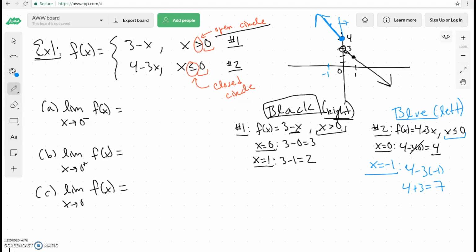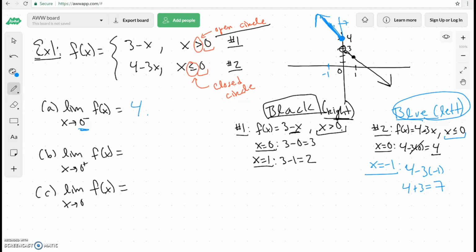Now, I can go ahead and evaluate the limits. So when I take the limit as x goes to 0 from the negative side, I'm actually looking at the blue graph. So I'm going to take the limit as x goes to 0 and see what value it is approaching. So this one's going to keep going to 0, and then the y value is going to be 4.